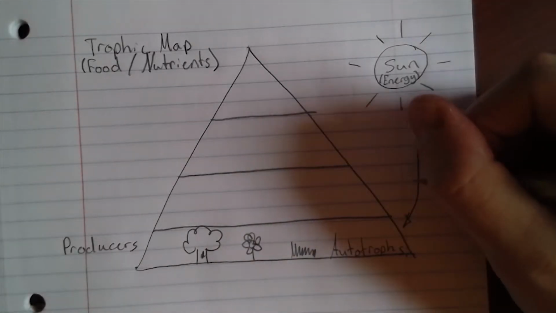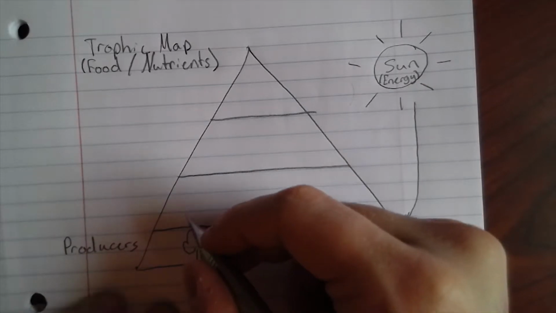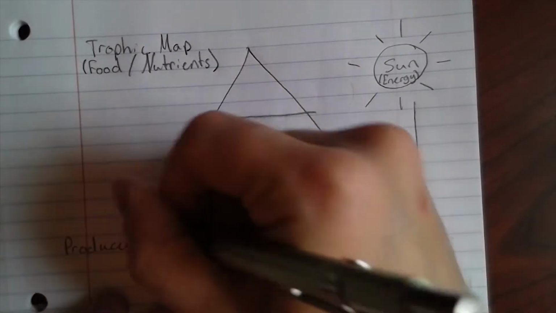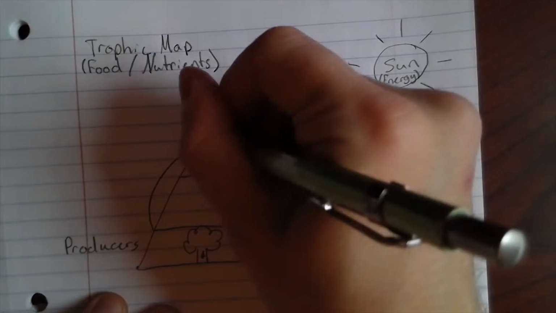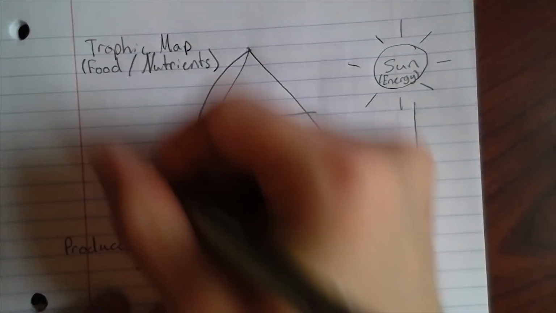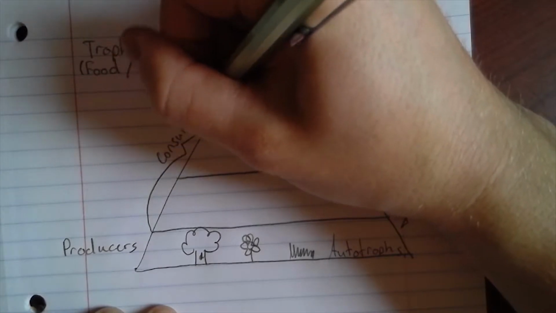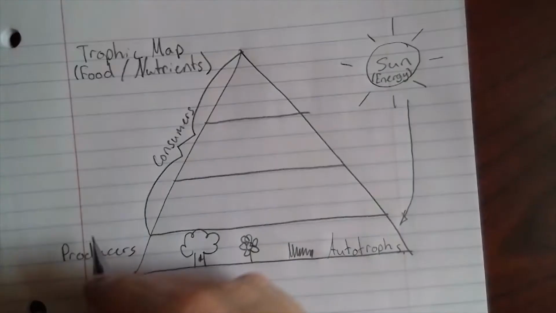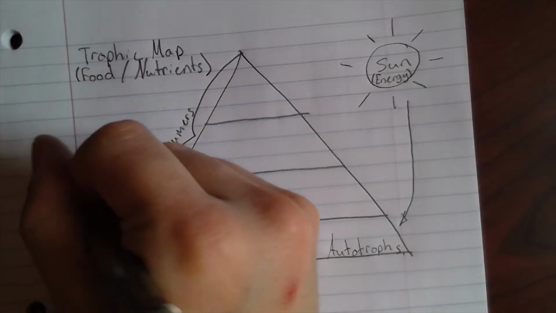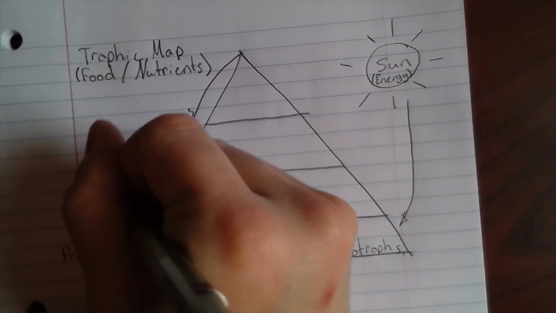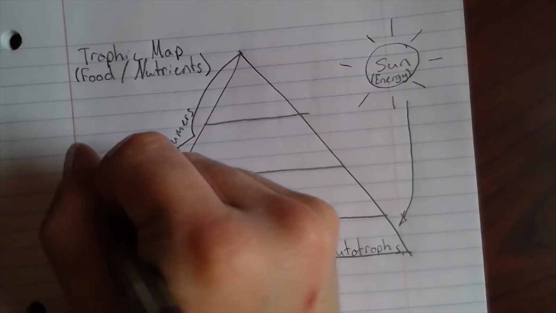Now, moving on up the pyramid, we'll find that the next three sections of our pyramid are all called consumers. So we have producers, and the next three are called consumers. The first of these consumers is called the primary consumers.